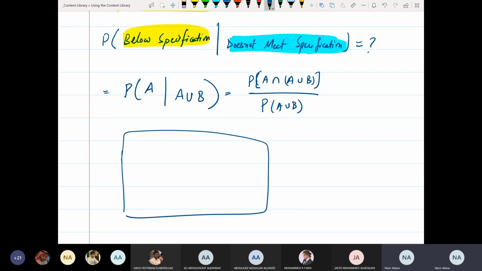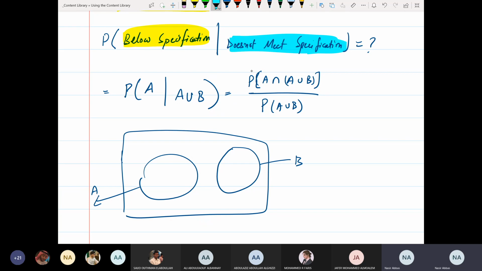This is the space, this is A, and this is B. According to this question, this is the diagram. That's not the general diagram. I kept them mutually exclusive because in the question they are mutually exclusive.